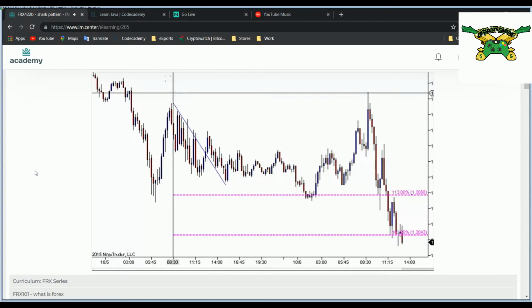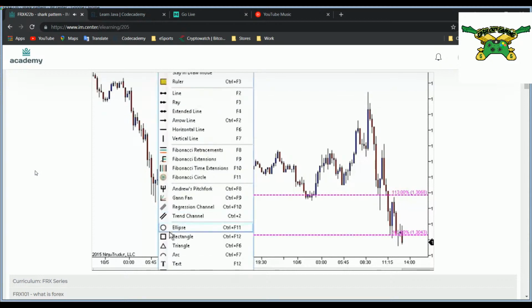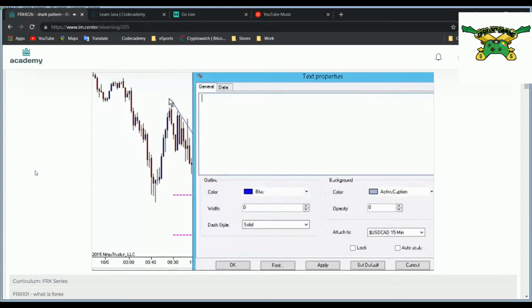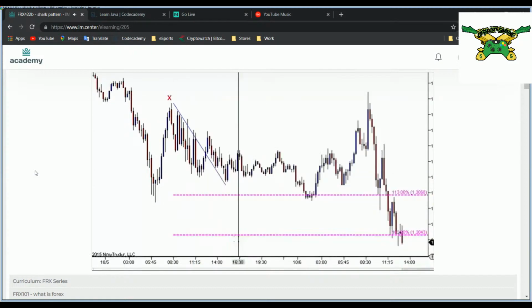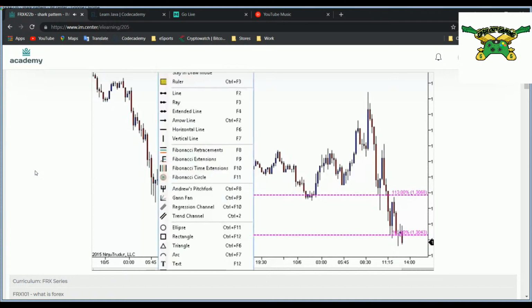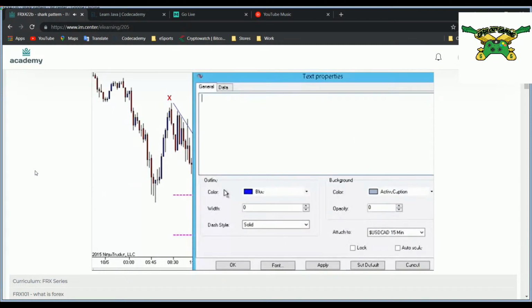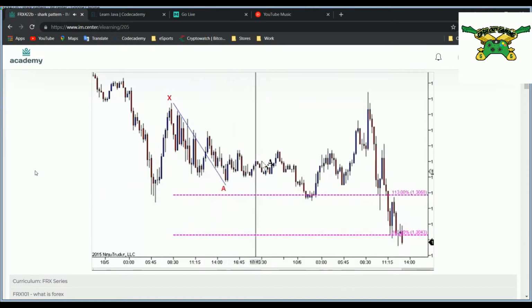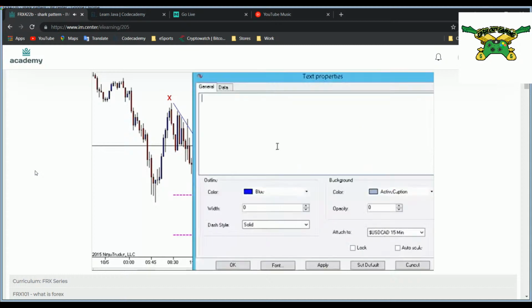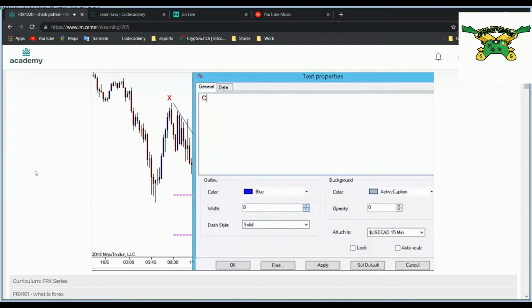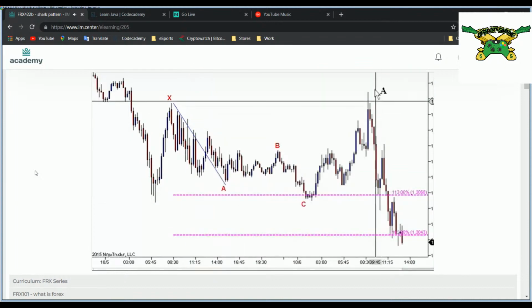We see the market had a high, and we're going to label this out. We had an X, A, B, C, D.